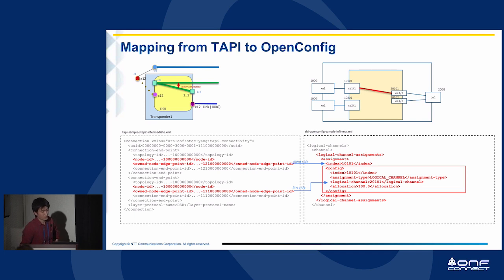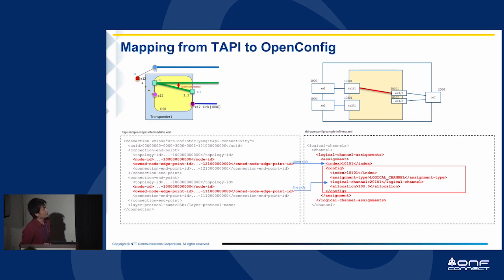So all we have to do is to find which port of the actual Cassini box each connection endpoint is associated with, and find the actual device port associated with these connection endpoints.